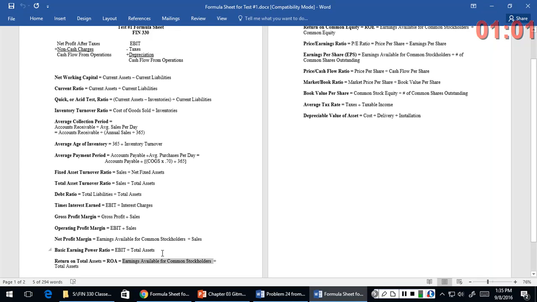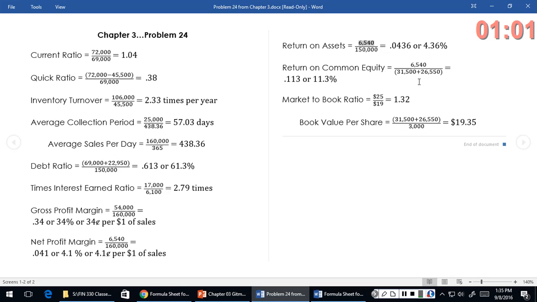I'll go ahead and tell you this. So this would be the same thing as net profit after taxes. Now, if you do have shares of preferred stock, you just take net profit, subtract out your preferred stock dividends, and you're left with this dollar amount. But I want to make sure that's really clear to you as we go forward.